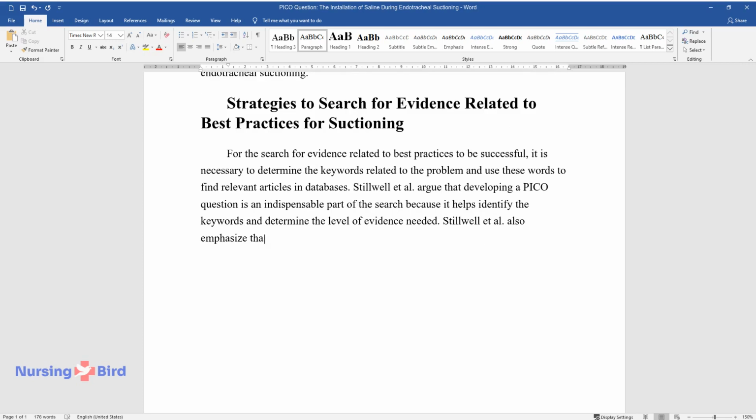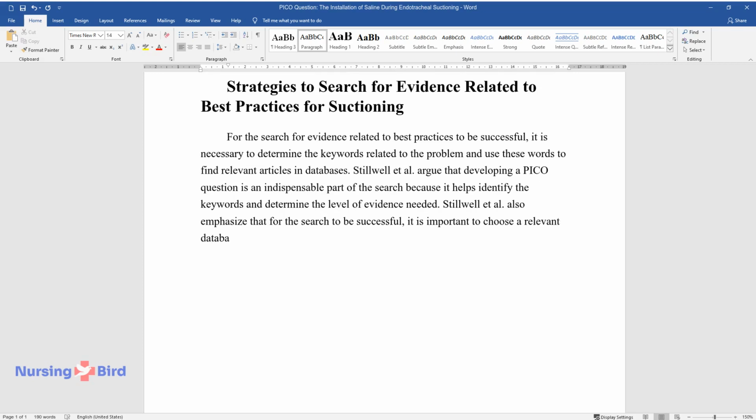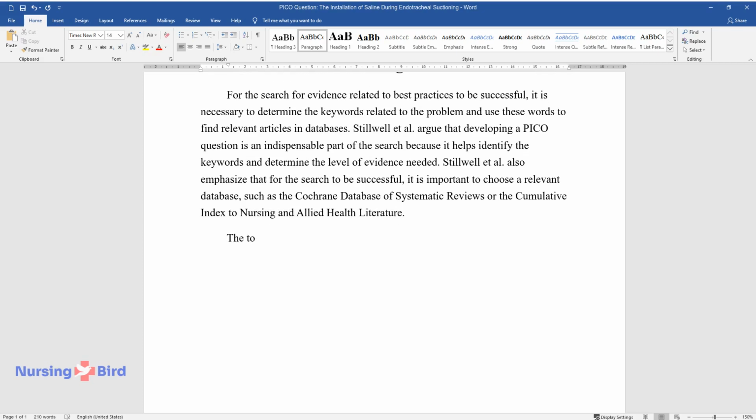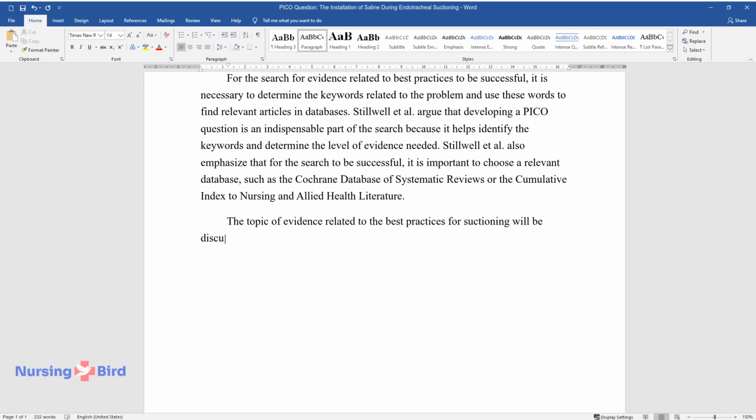Stillwell et al. also emphasize that for the search to be successful, it is important to choose a relevant database, such as the Cochrane Database of Systematic Reviews or the Cumulative Index to Nursing and Allied Health Literature. The topic of evidence related to the best practices for suctioning will be discussed in detail later.